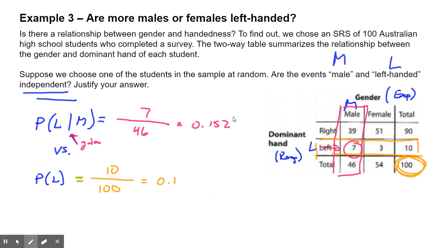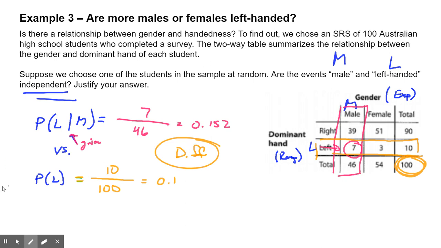Are these two probabilities the same or are they different? They are different. And because they're different, male had an effect on left-handedness. It actually increased the probability of being left-handed from 0.1 to 0.15. So these two events are not independent.